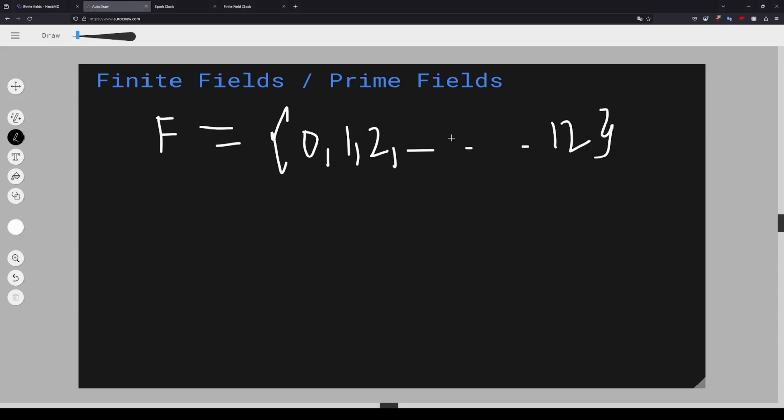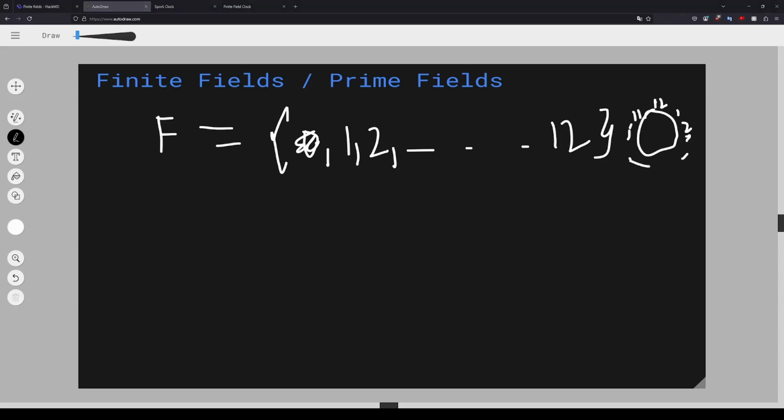So how is this finite field achieved? You will have an integer set. In our case, we will have from 1 to 12. Think of it like a clock, 12, 1, 2, 3.